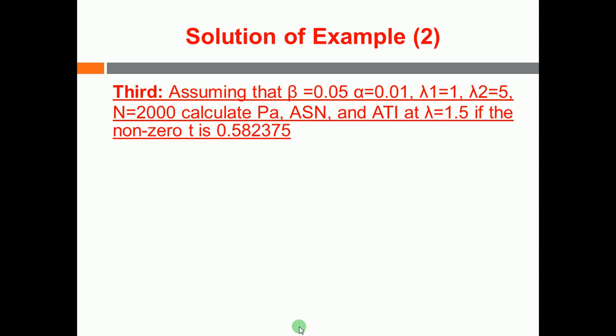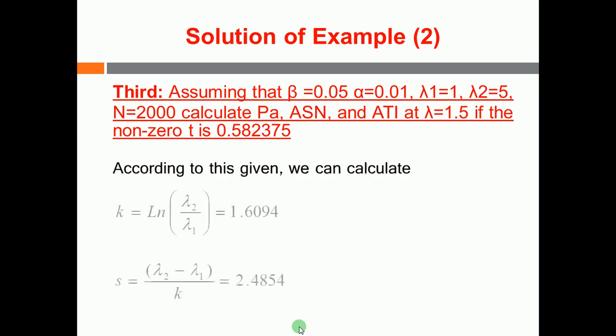And here this is the non-zero solution for LT if needed. First of all, I have to calculate LS so that I can identify which formula I am going to use from Wald's approximations. And S depends on K, so I have to calculate K first.